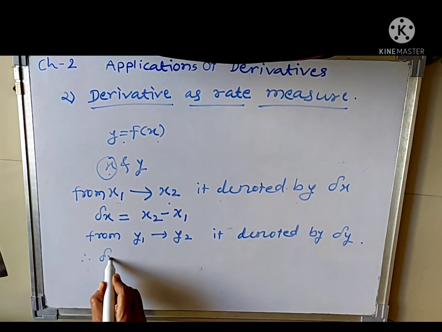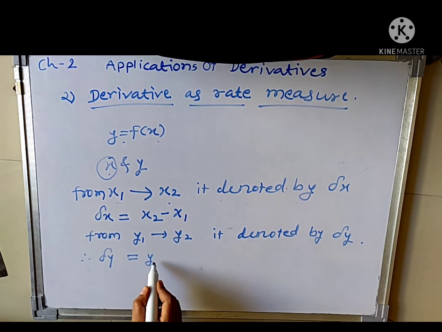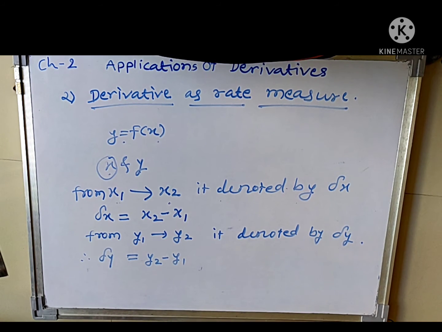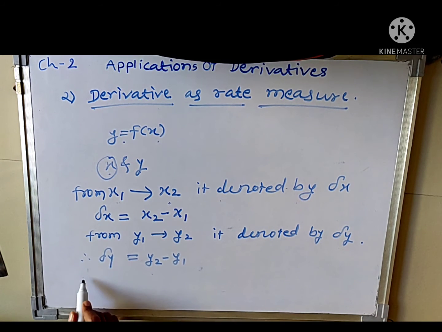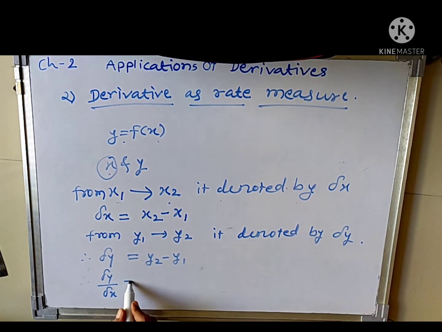Therefore, you have to write delta y is equal to y2 minus y1. Now you have to take the ratio of these two, means you have to write delta y upon delta x is equal to y2 minus y1 upon x2 minus x1.